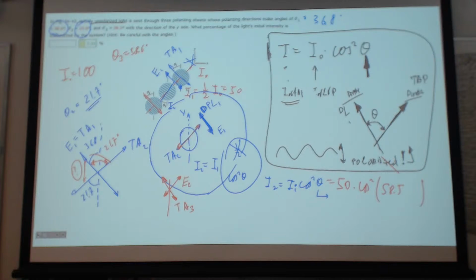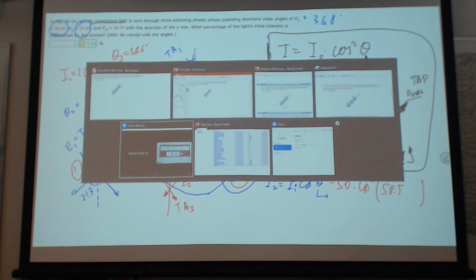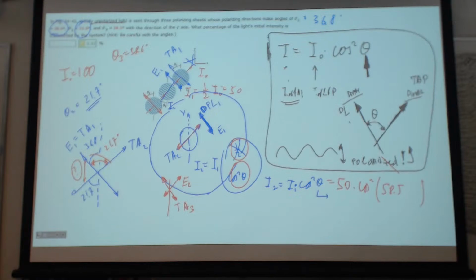So you have to, again, make a choice. What equation do you want to use, with the 1/2 or cosine squared? Cosine squared. So use it. You just need to use also the correct angle.